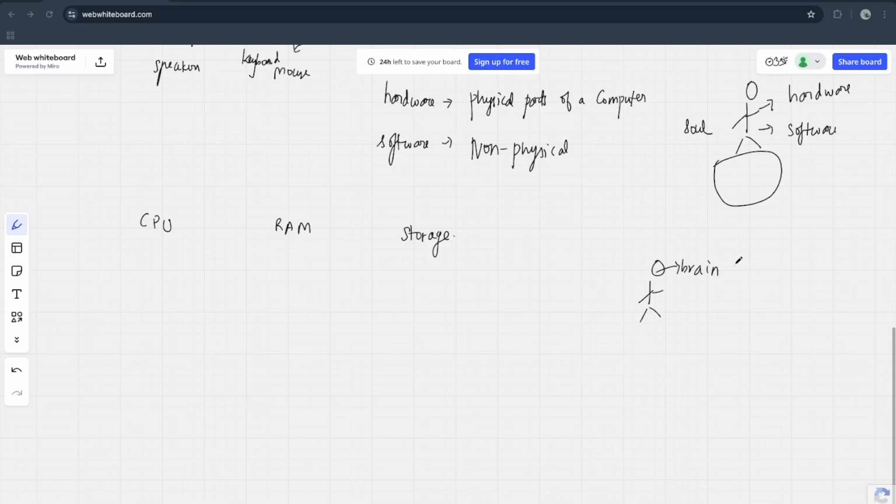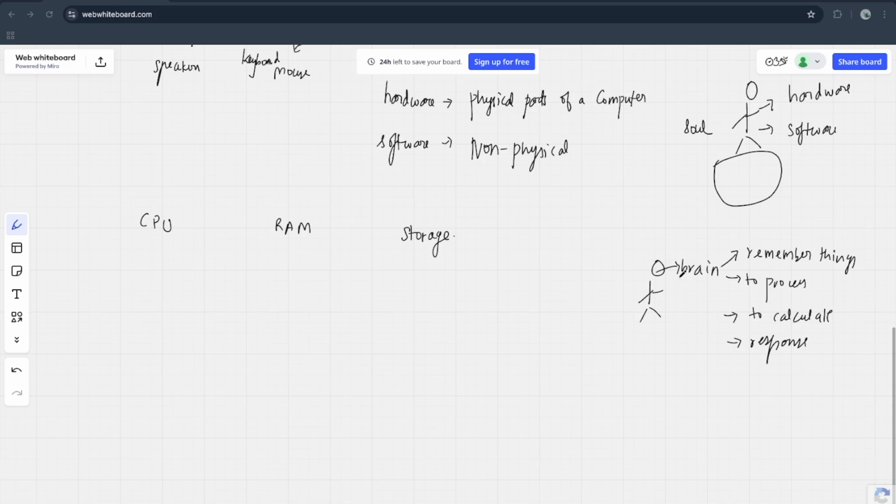So what is the purpose of the brain? The purpose of the brain is to remember things, to process something, to calculate, and even to talk or respond. So this is what our brain will be doing.